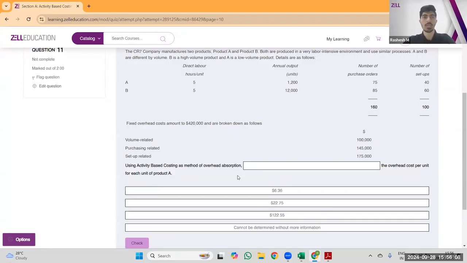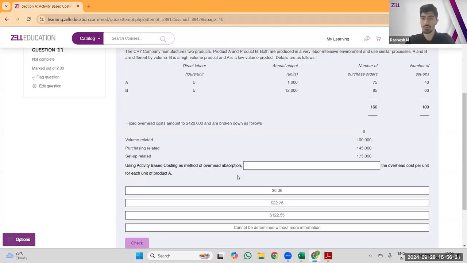Reading for everyone. The CR7 company manufactures two products, A and B. Both are produced in a labor-intensive environment and use similar processes. A and B differ by volume. B is a high volume product, A is a low volume product. Direct labor hours are given, output is given, number of purchase orders are given, number of setups are given.